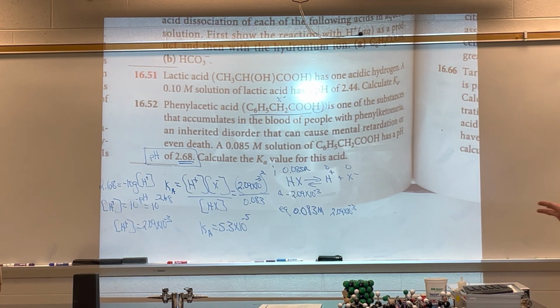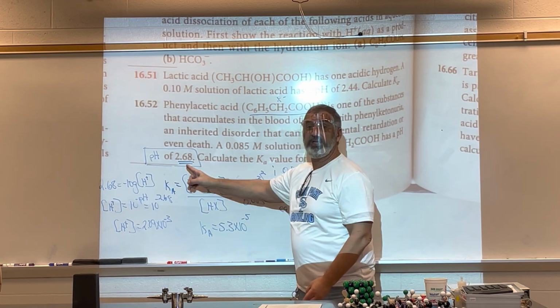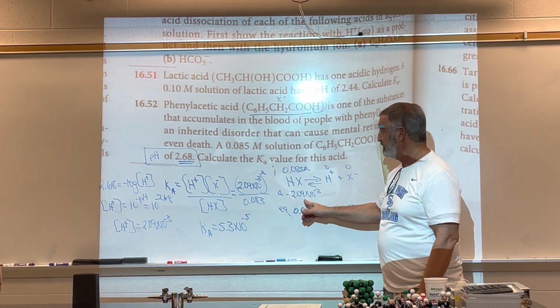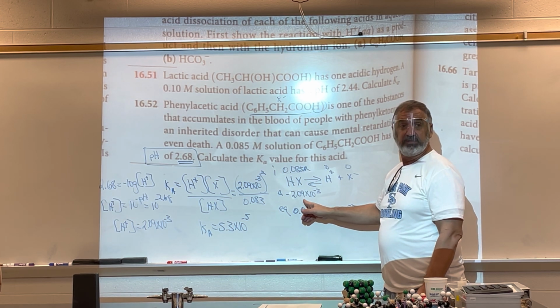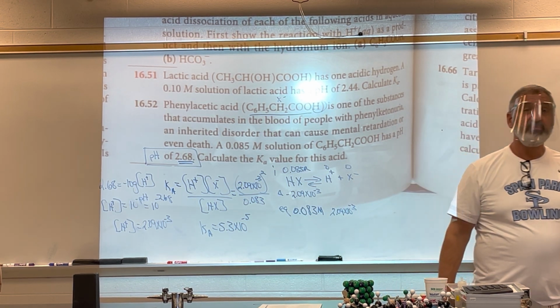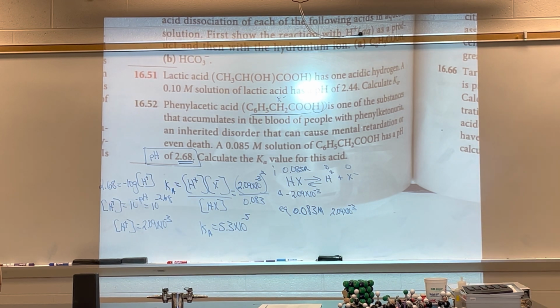With acids and bases, they tell you what the pH is. That tells me my equilibrium concentration of this one, and therefore I can figure everything else out. And the other one was a percent ionized, which is how you get your change, and that's what the previous problem was.